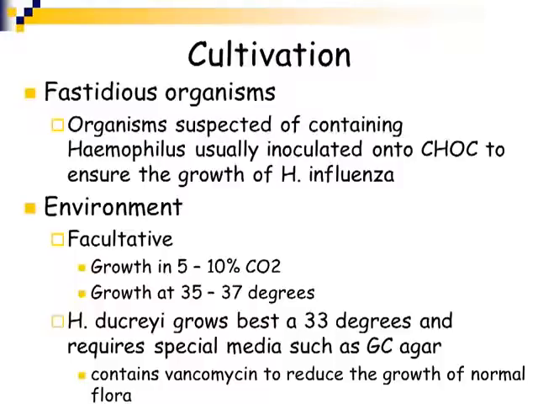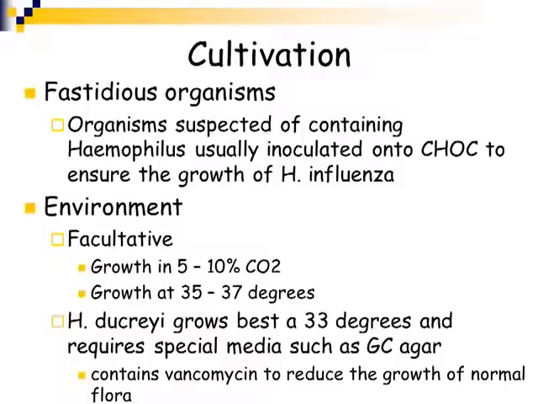The respiratory specimens are normally put in a 5 to 10% CO2 incubator. These organisms will grow pretty much anywhere, and they can grow at lower oxygen levels. They like CO2, and growth is at body temperature, 35 to 37 degrees.